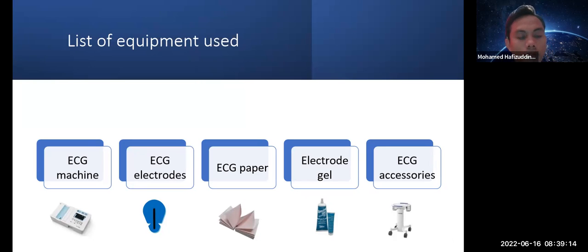We need an ECG machine with the ECG electrodes and ECG paper, and we also use electrode gel and ECG accessories, if the ECG can be moved from one place to another place. Basically we all know this.